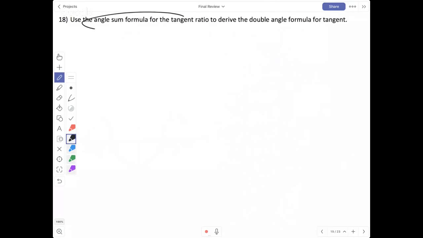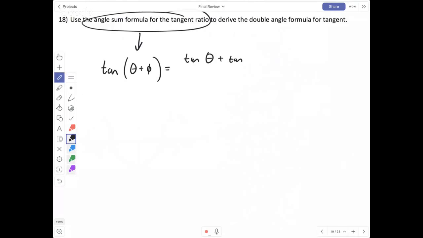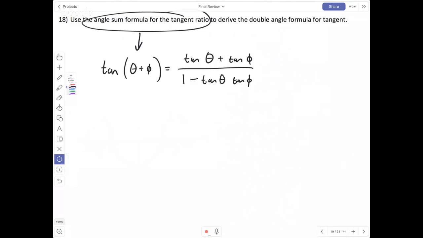So the angle sum formula for the tangent ratio, you could grab on your identity sheets, you might write down on your note card, is that the tangent of some angle theta plus some angle phi is equal to the tangent of theta plus the tangent of phi all over 1 minus tangent theta tangent phi.